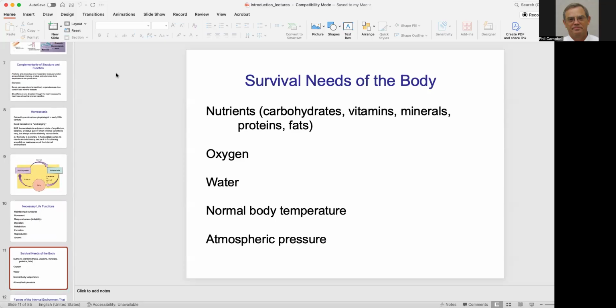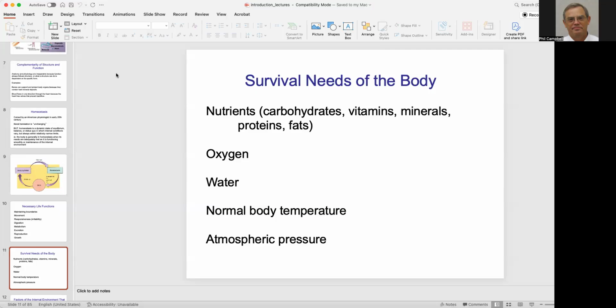Survival needs of the body. So let's take that in. We've talked about necessary functions. What are the necessary things I need? All right. So we need nutrients. I've mentioned that for digestion: carbohydrates, proteins, and fats, but we can also talk about vitamins and minerals. These are things that your body has to acquire from outside in order to maintain viability.